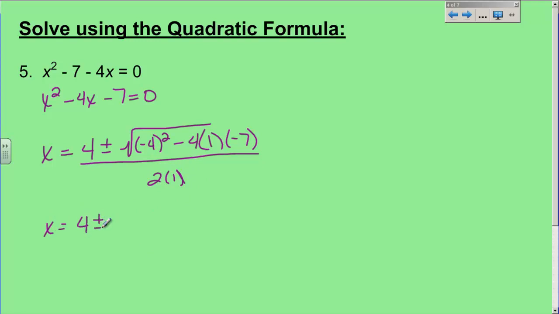So I have 4 plus or minus. Negative 4 squared is 16. Negative 4 times 1 is going to be negative 4. And then negative 4 times negative 7 is going to be, I apologize, totally went brain dead there, equals 28. And all of this is divided by 2.